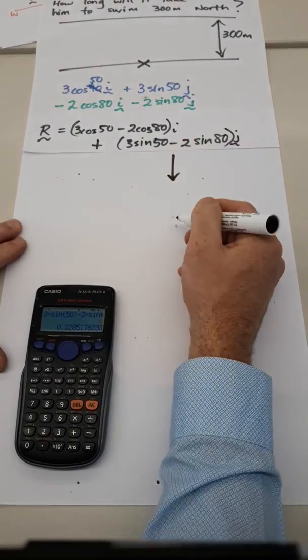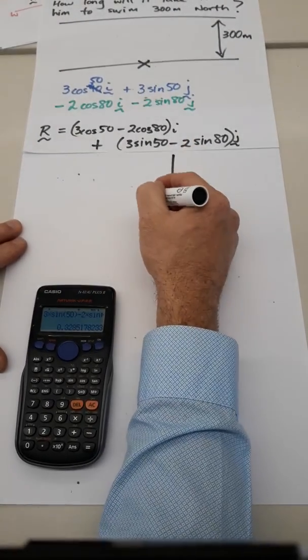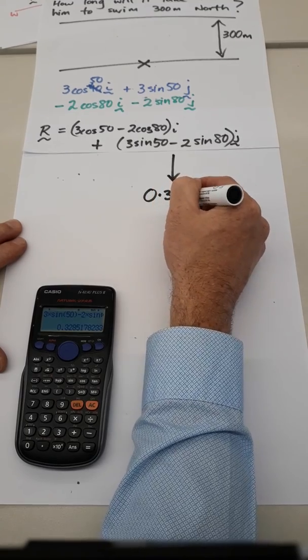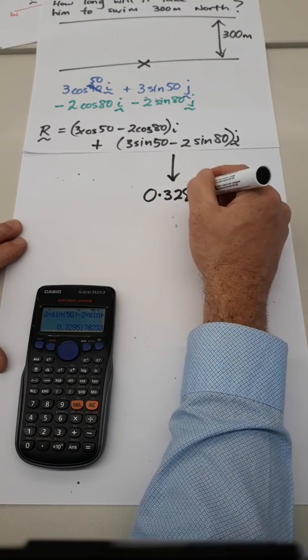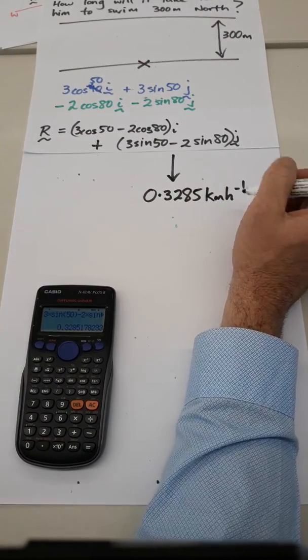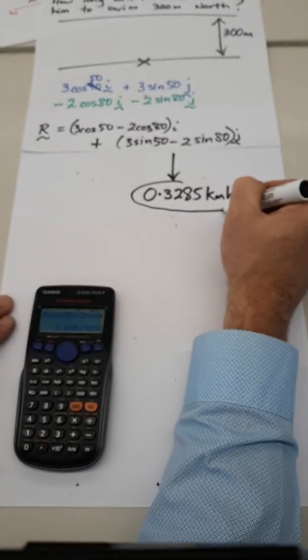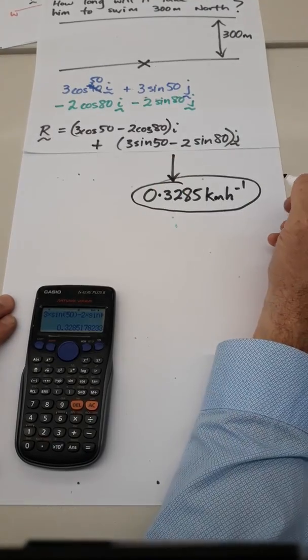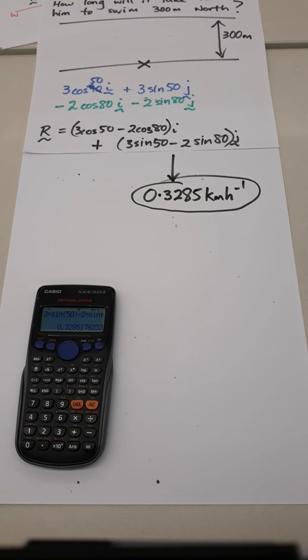So the bit that we care about is worth 0.3285 kilometres per hour. Now, it's positive, not negative. So what they're saying is that we've got a whole lot of horizontal movement.